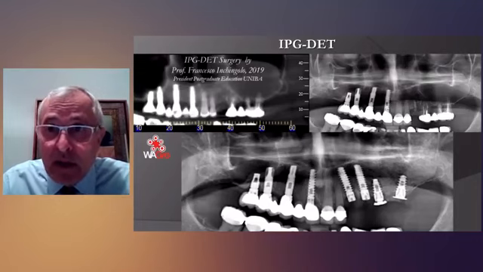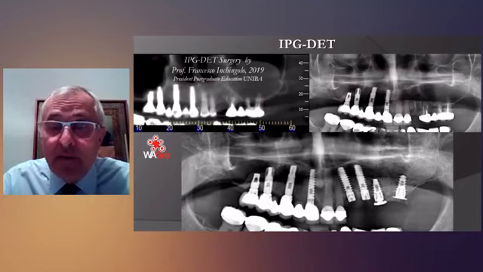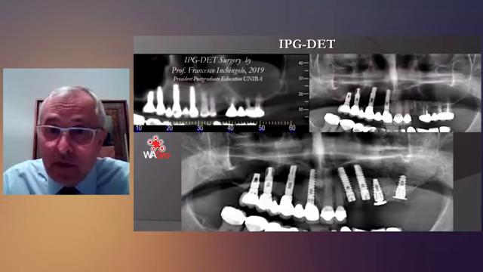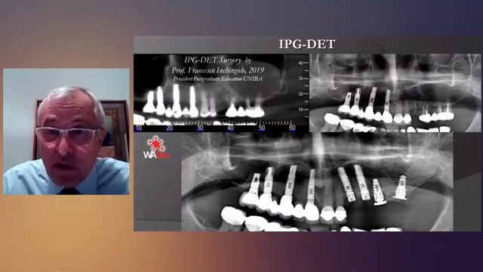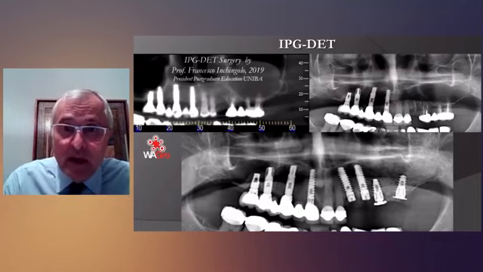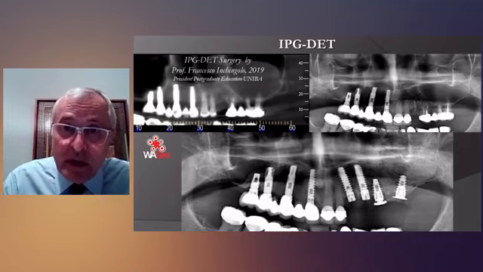And now it is 1.5 years and loading, and this case is doing well. And we have 3 cases like that, so extreme cases. And we do a lot of research also in this kind of case now.